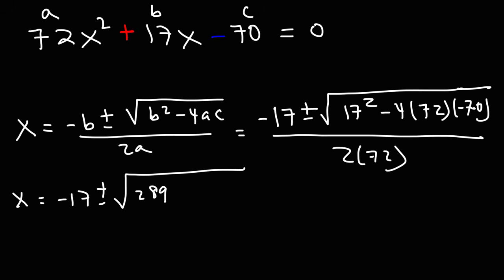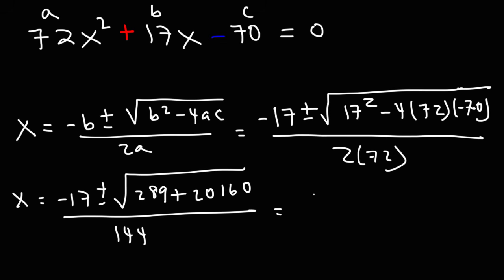And if we multiply negative 4 by 72 times negative 70, that's going to be 20,160. And 2 times 72 is 144. Now 289 plus 20,160, that's 20,449. If you take the square root of that number, you're going to get 143.